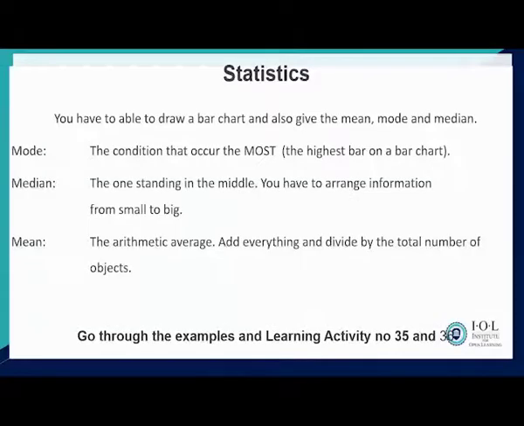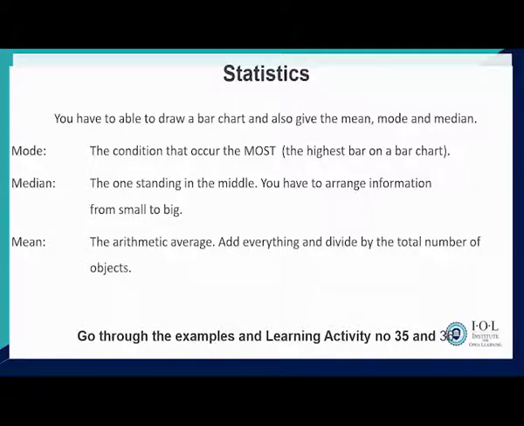Statistics and probability are also a few things that you have to remember very well. You have to learn and know what is mode, what is median, what is mean. Those are the different averages. Our plain word in simple English is just averages. Those are different kinds of averages. Mode, the condition that occurs the most.